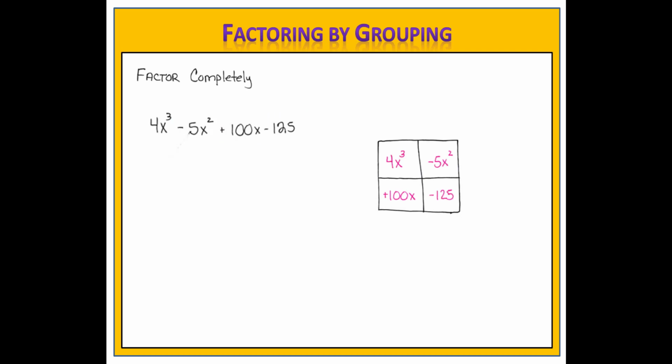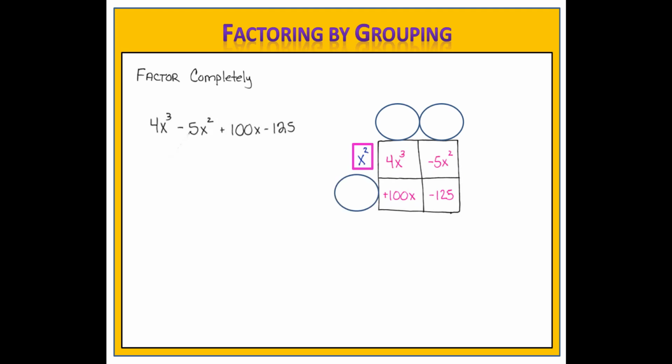Once I've written the terms in the grid, I look at the top row, and I find the greatest common factor of those two terms, 4x to the third and negative 5x squared. The greatest common factor is simply x squared.